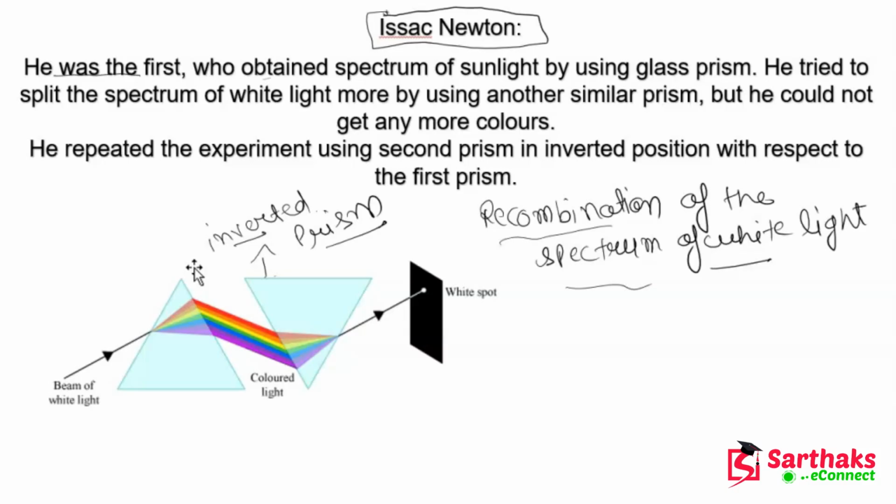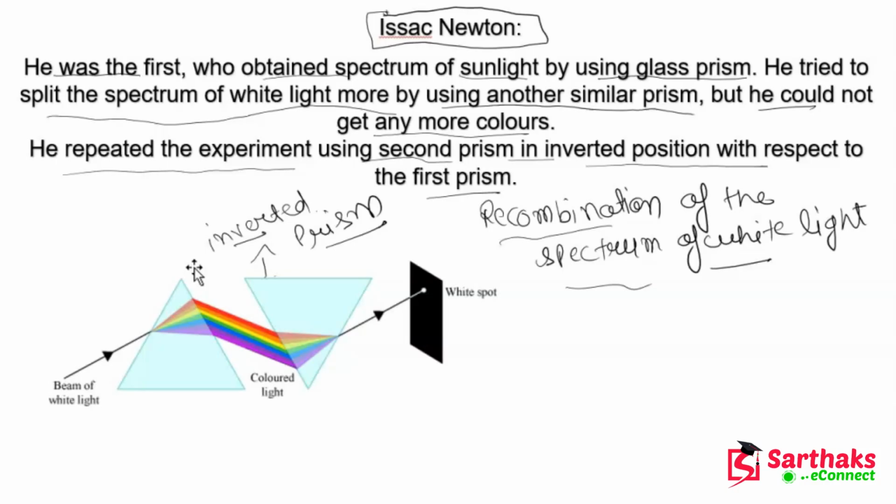He was the first to obtain the spectrum of sunlight by using a glass prism. He tried to split the spectrum of white light further by using another similar prism, but he couldn't get any more colors. He repeated the experiment using a second prism in an inverted position with respect to the first prism, and the result was that the light was again converted into a single beam.